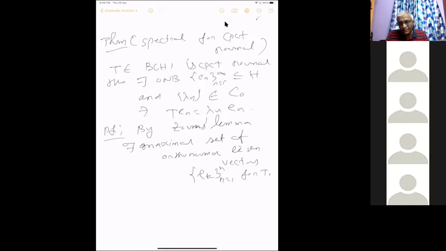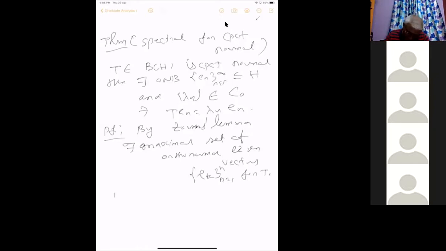We have already proved that if it is diagonal, the eigenvalue goes to 0. All those things we have already proved. All we have to prove is that this is an orthonormal basis. These are orthonormal vectors; we have to prove that they actually form a basis.